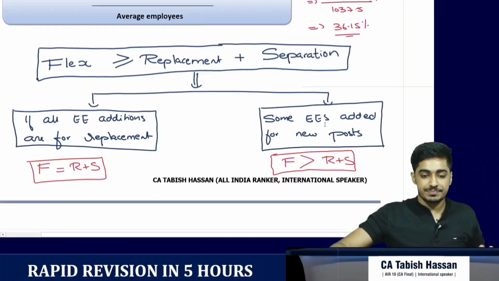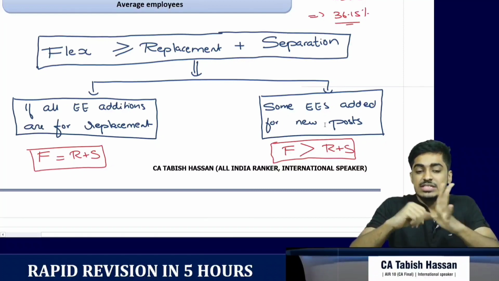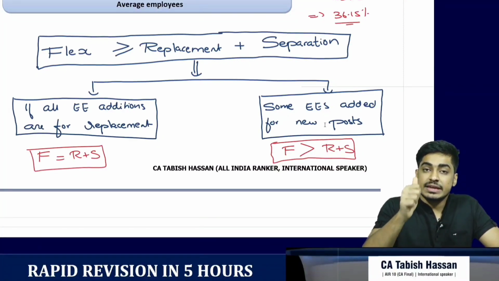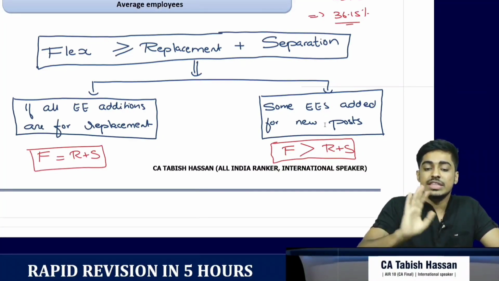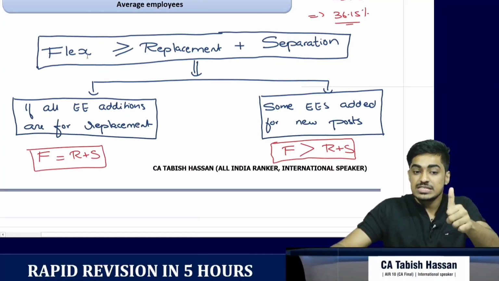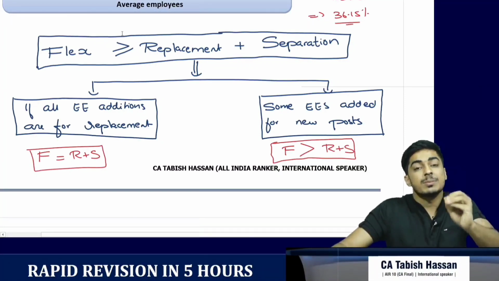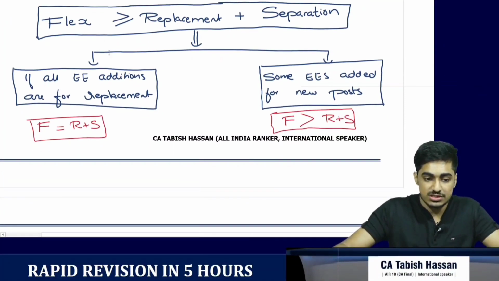Okay, clear with this? Now, labor turnover ratio as per flux method will always be greater than or equal to the replacement plus separation method. Why? Because flux includes replacement, flux includes separation, plus flux also includes employees who have joined for fresh position.